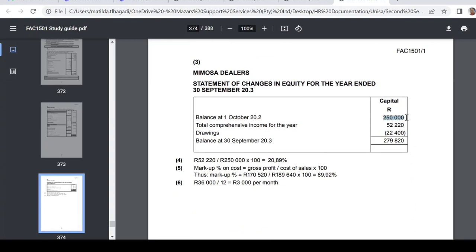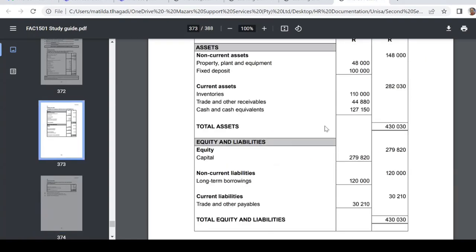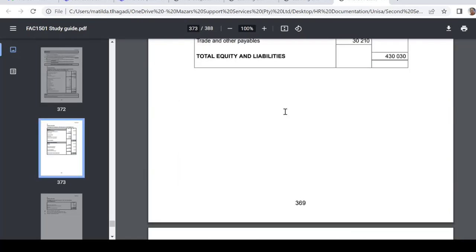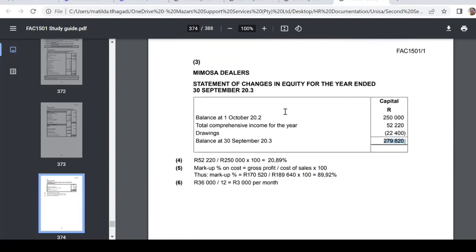The opening capital account, plus the profit, and then less drawings. And then you get to that. Let's look at number 4. If it is assumed that 250,000 capital was invested on the 1st of October, calculate the percentage return for the first year of capital invested. Let's see how it's calculated.